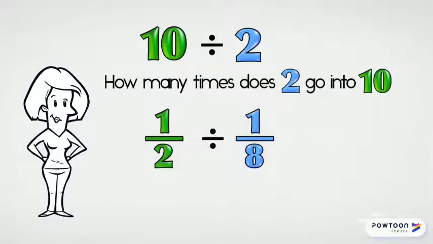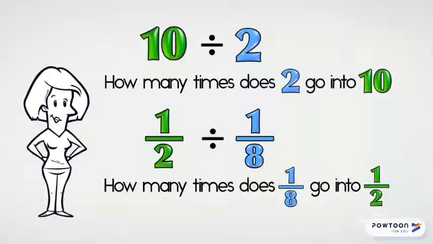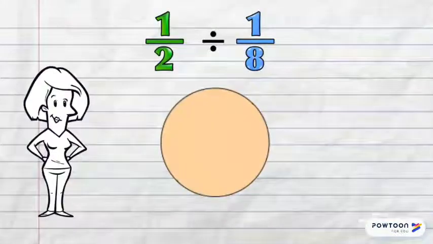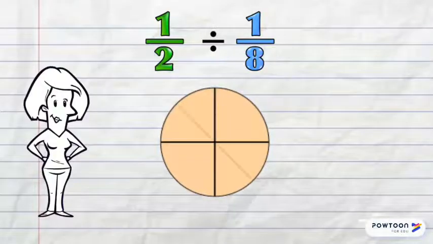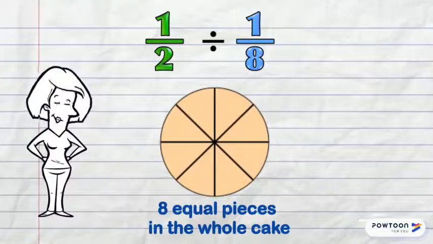1/2 divided by 1/8. It means how many times does 1/8 go into 1/2? Let's work through this. If I have a whole cake and I divide it into eighths, there would be 8 equal pieces. We can all get our heads around that.